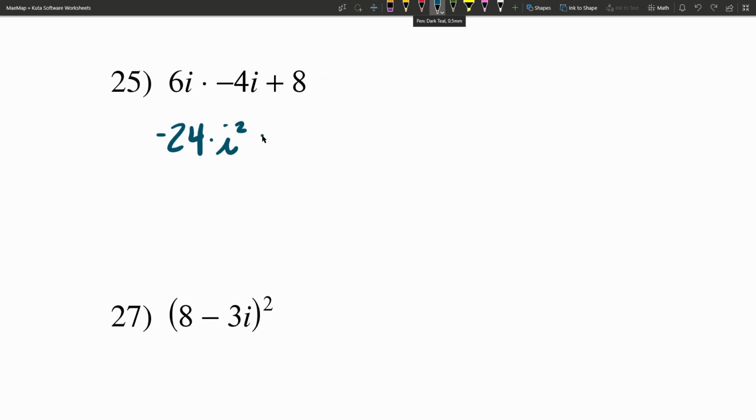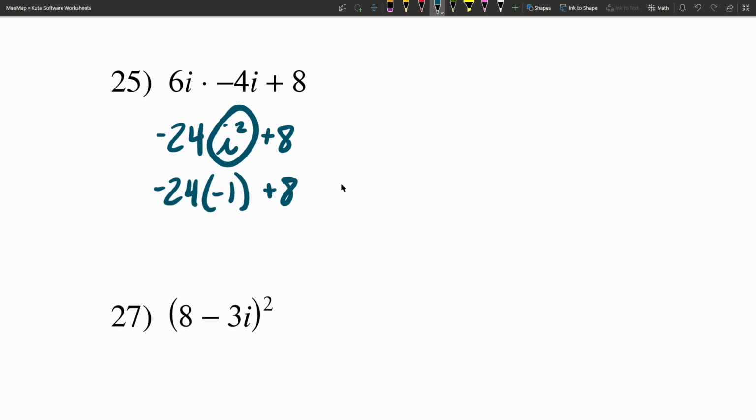And then we're adding 8. -24 times i squared is -24 times, what is i squared? -1. And then adding 8. That's going to result in a positive 24 plus 8, which is a positive 32. So 32 is our solution in number 25.